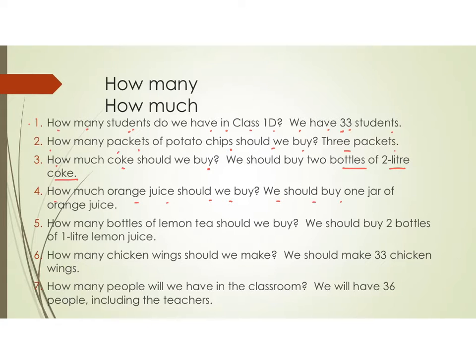How much orange juice should we buy? We should buy 1 jar of orange juice. How many bottles of lemon tea should we buy? We should buy 2 bottles of 1-liter lemon tea. 我哋要買幾多樽檸檬茶？ How many chicken wings should we make? We should make 33 chicken wings.